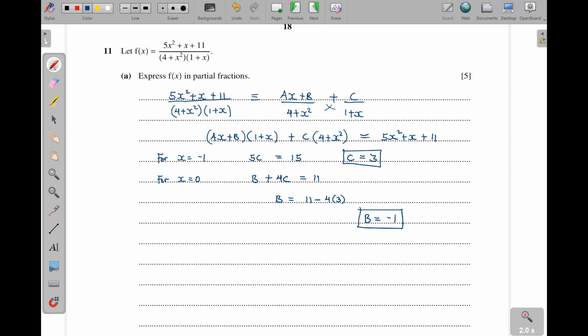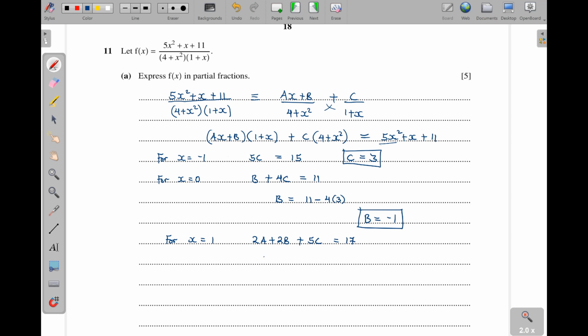Now, since the values of x I can use to terminate some of these terms are done, I can use any other value of x. For example, if x is equal to 1, here we shall have 2 times (a plus b), so it will be 2a plus 2b, then plus 5c, which is equal to 5 plus 1, 6, 6 plus 11, that will be 17.